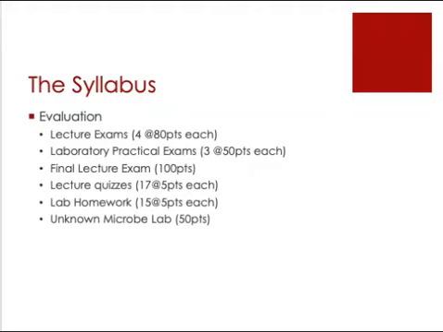For the laboratory portion of the course, you will also have periodic examinations. We call these practical exams because these exams only cover material from the laboratory, much of which is quite practical in its application. There'll be 3 of these laboratory exams worth 50 points each.